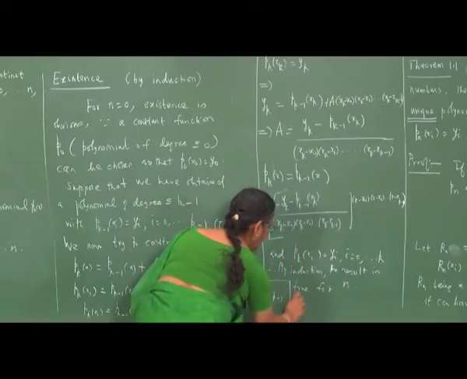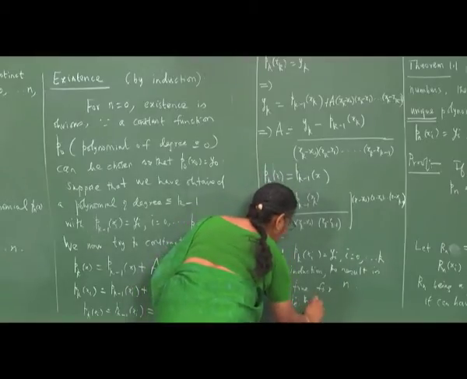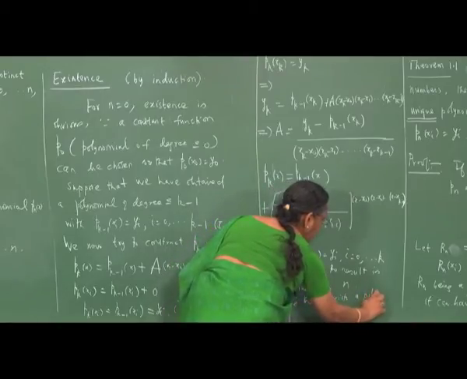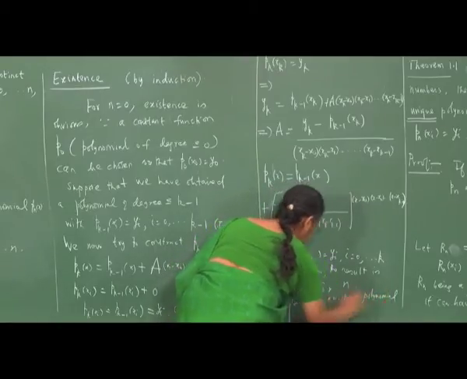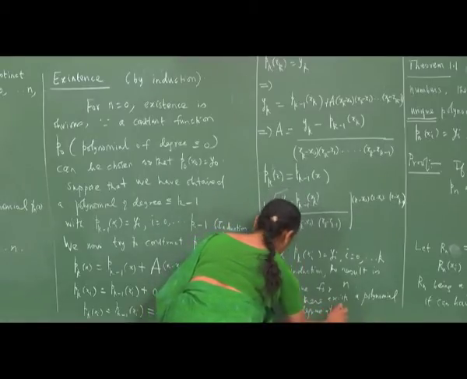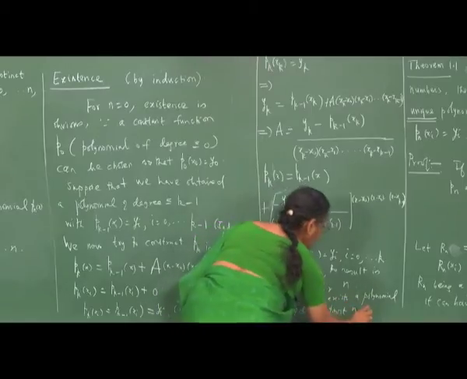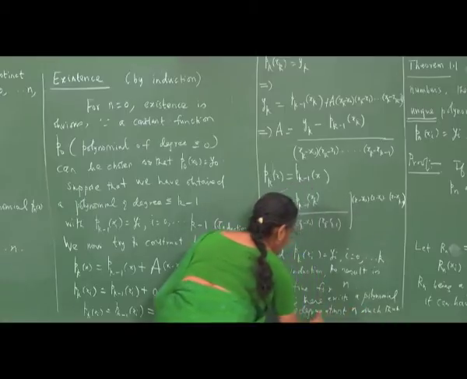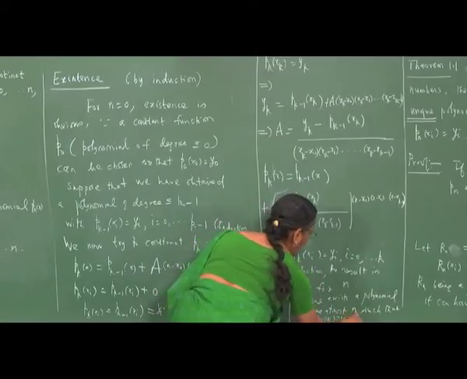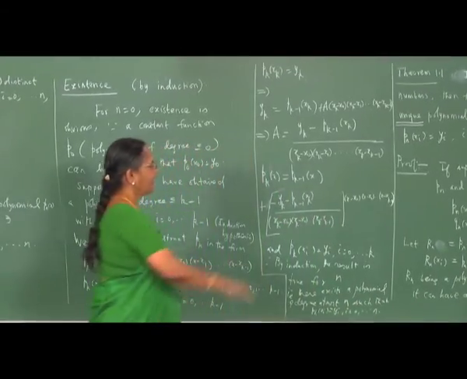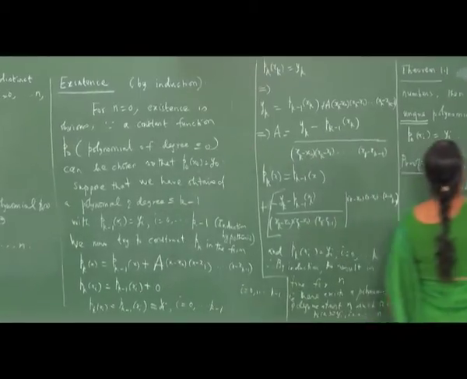The result is true for n. What does that mean? That means there exists a polynomial of degree at most n such that Pn of xi is equal to yi for I equal to 0, 1, 2, 3 up to n, and that is what we wanted to show.